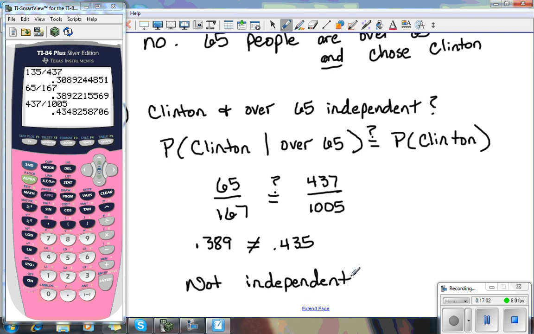That means age category must be somewhat related to whether or not they chose Clinton or Laura Bush as their ideal. So age must make a difference. That's what we're looking at there. And that is it.